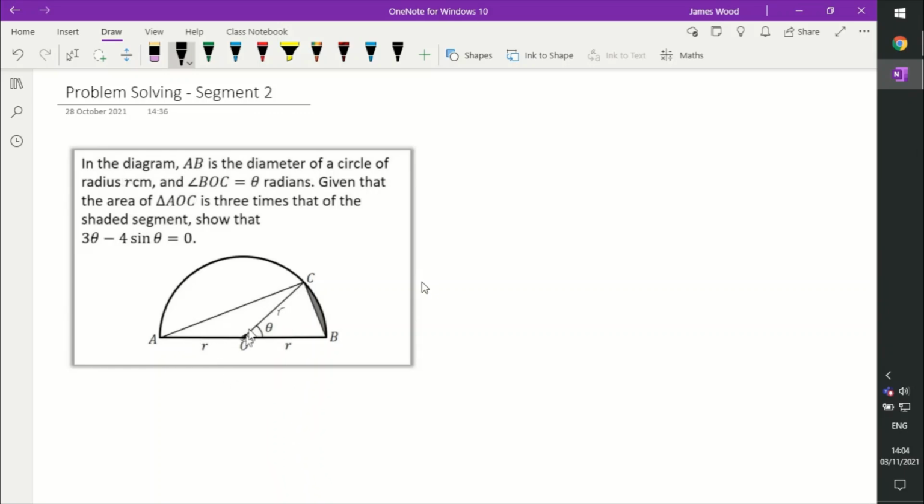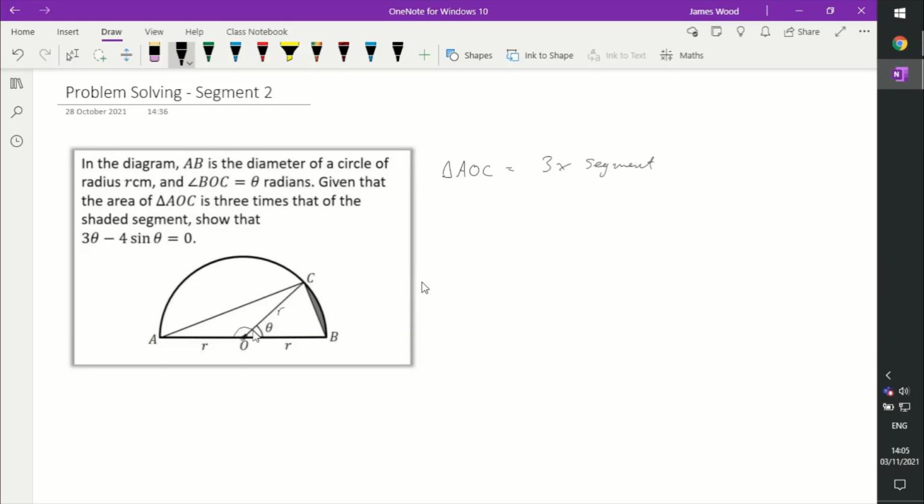Now the area of AOC, okay, so triangle AOC, it says is 3 times that of the shaded segment. I'm just going to write 3 times the segment. Okay, then we can fill in as much as we can know about this diagram. So a triangle AOC, we can just find this using half AB sine C for the area.